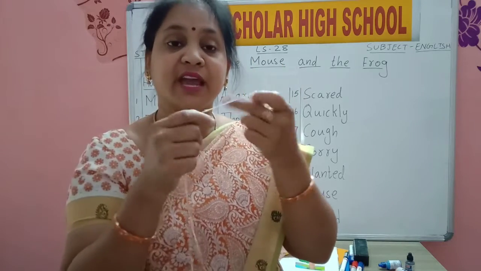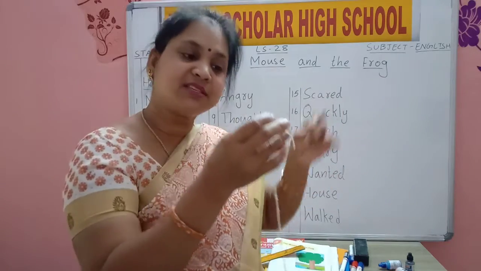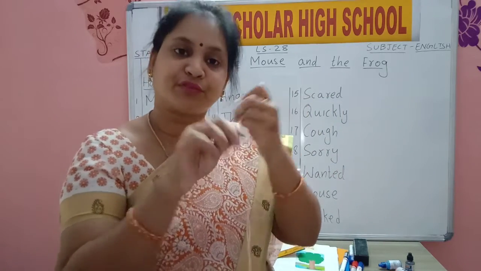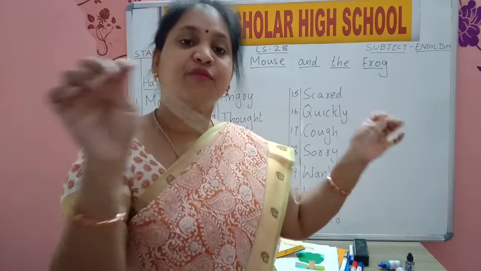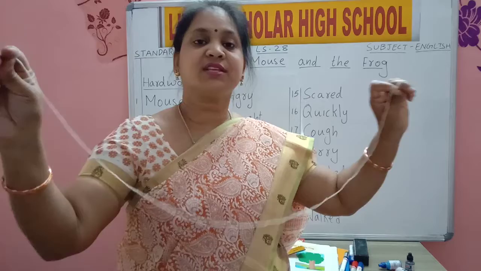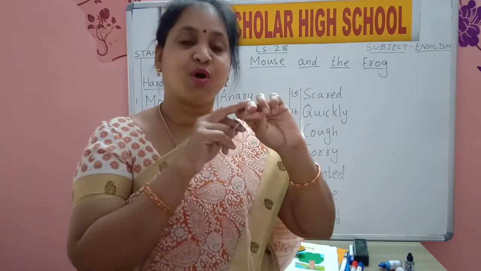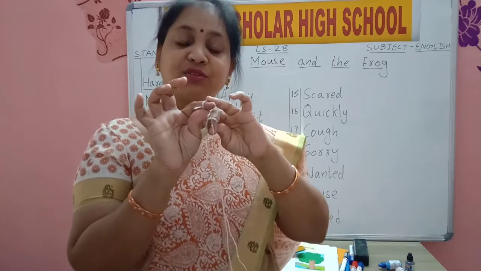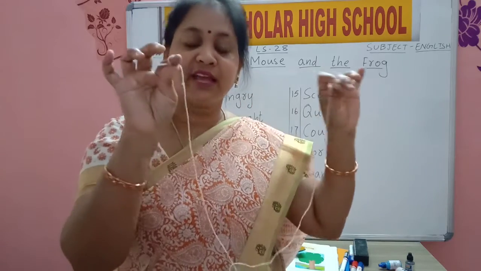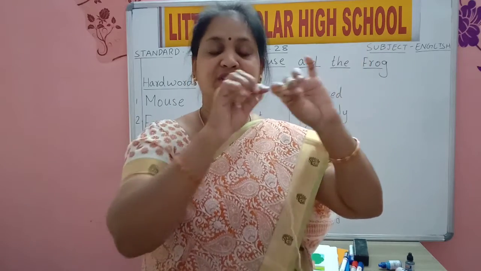One side, it tied to the mouse's tail, and the other side to the frog's leg. This is a string, no? Thread. Then the frog jumped into the water, with the string.